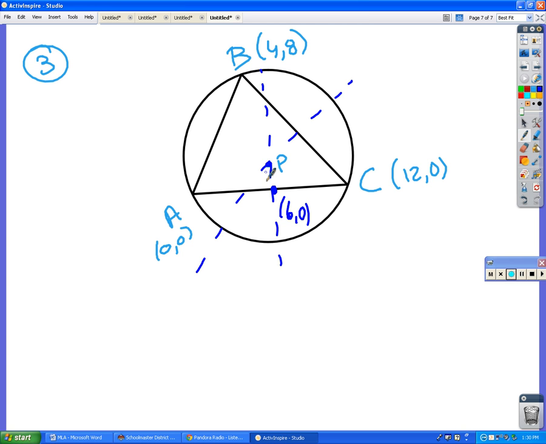So what is the equation then for this line that goes straight up and down through the point 6, 0? No, that would be a 45-degree angle, y equals x. How do I find the equation of a line? I'll put a little coordinate thing up here that goes straight up and down like that.